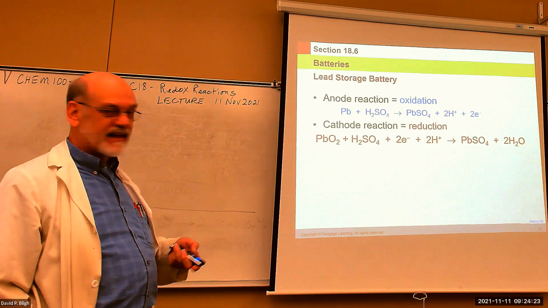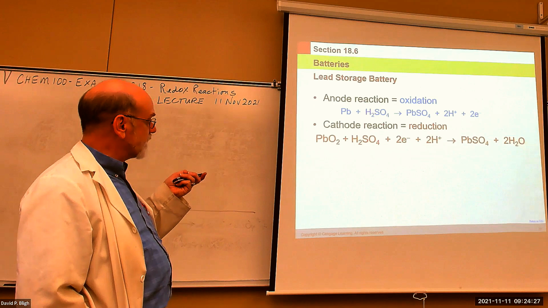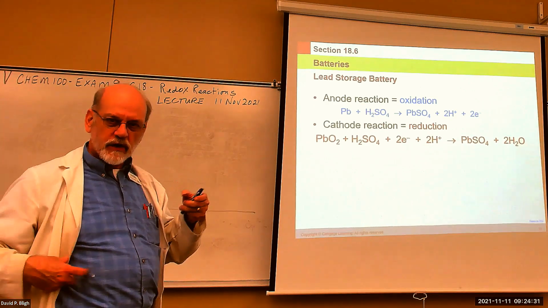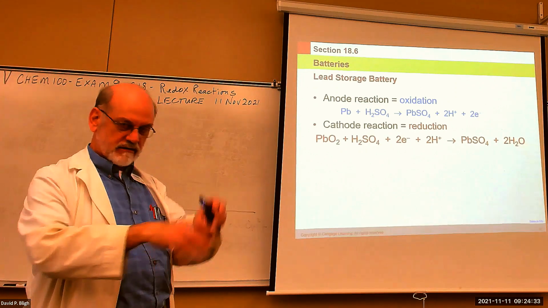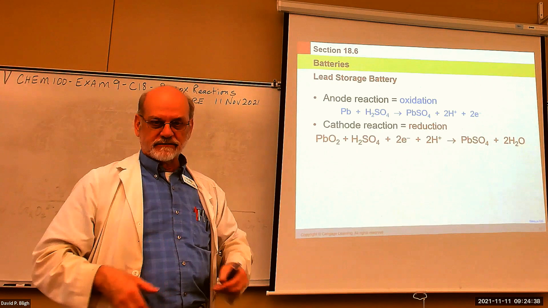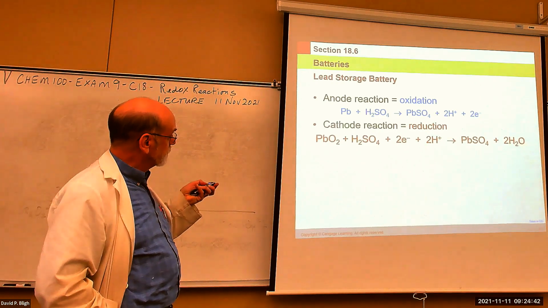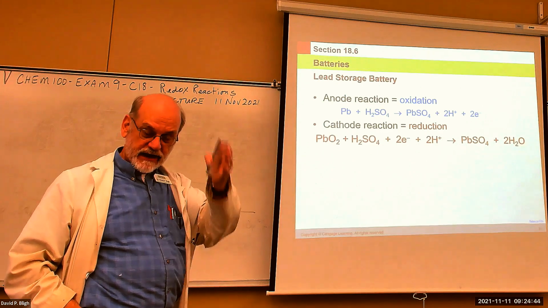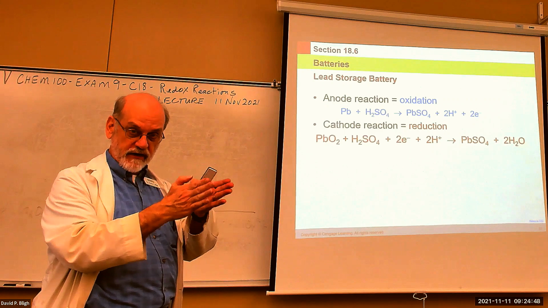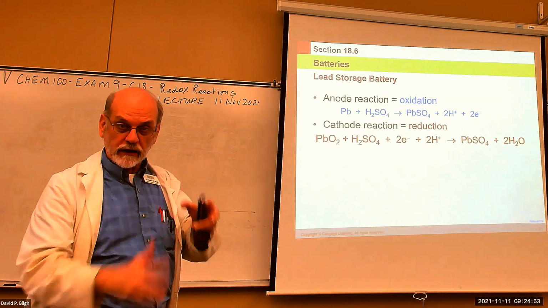So there we are adding electrons to this one to make that one. Okay? Notice that what we have in common is sulfuric acid on both of them. So this is one case where you don't need to separate the half cells. They can share the same solution. All you need is a separate lead electrode on one side and a lead oxide electrode on the other side with a solution in between, and the battery will work.